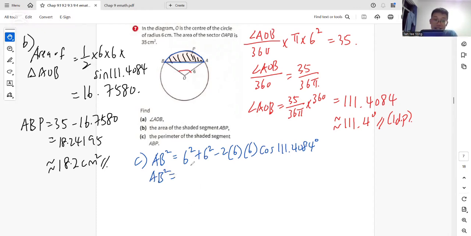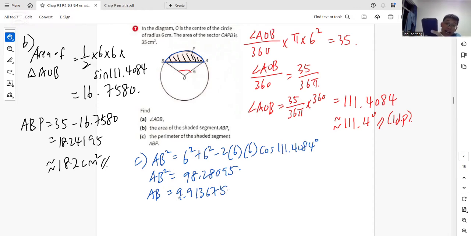Just let me key in 111.4084. Okay, so I will get 98.28095. So my AB is the square root of this. It will give me 9.913675. Okay, so that's for AB.